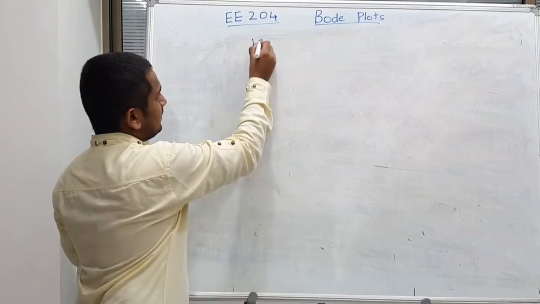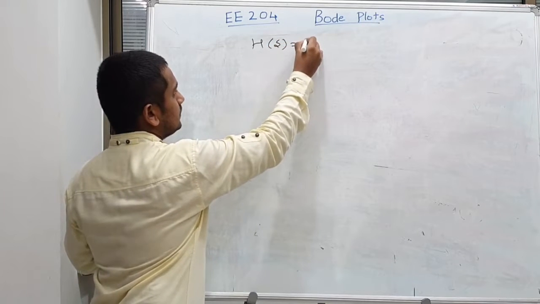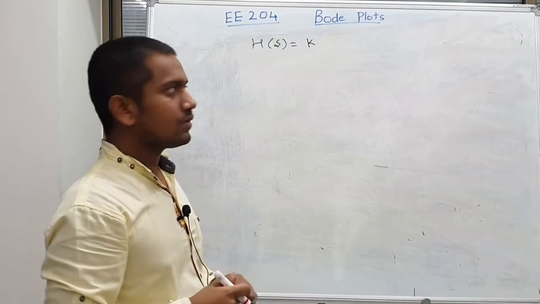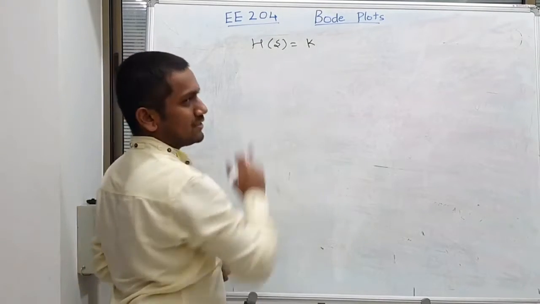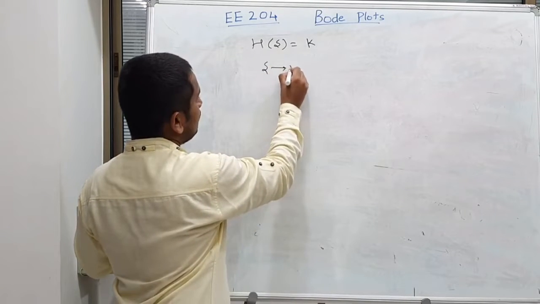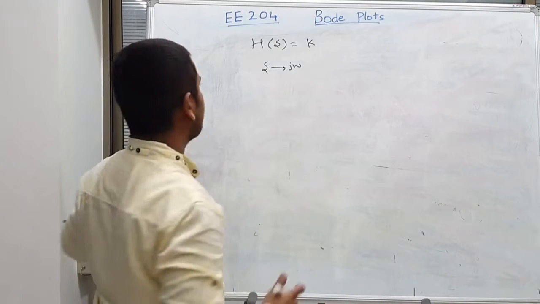The first example is H of s is equal to some constant k. It is independent of s, meaning when we substitute s with j omega, it is independent of frequency.